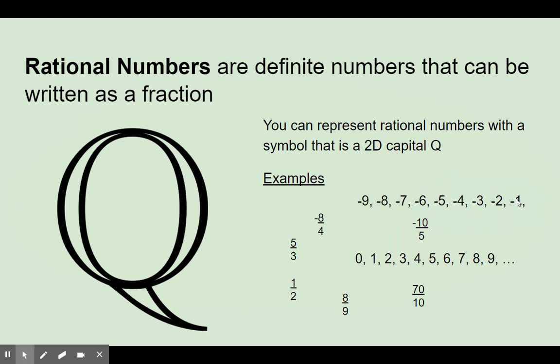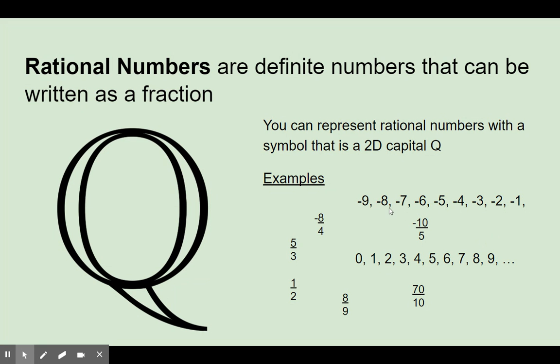Now we're going to talk about rational numbers. Those are definite numbers. They can be written as a fraction. They end, all right? Even if it's, let's say, 4/2, it ends. It could be written as a fraction, and it's a number that is definite.